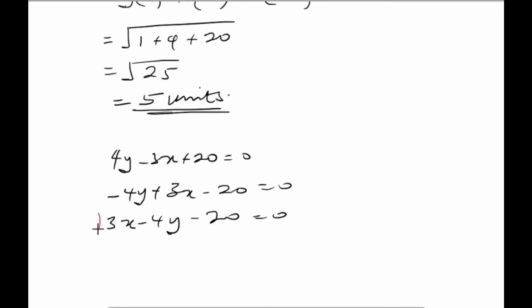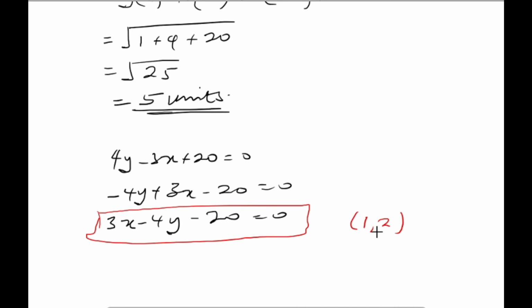So now with this as the equation of my line and the center of my circle (1, 2), from the formula, this is going to be our m and this is going to be our n.